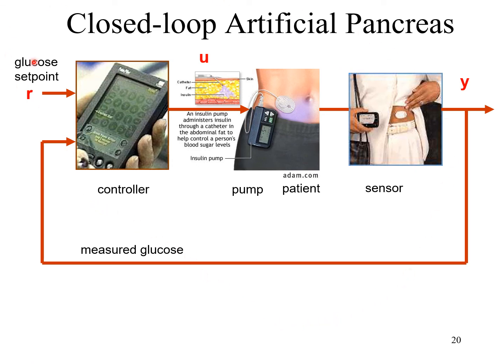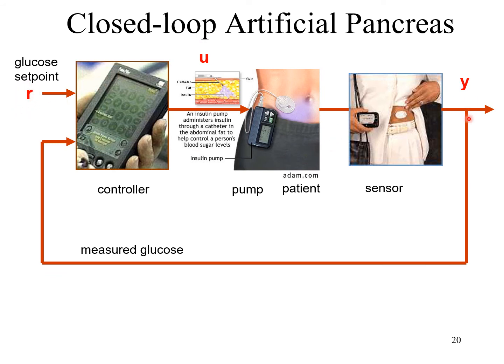We have a glucose set point, and this is our controller, and this is the pump, which we call the process, and we have a sensor. This one is the measurement, this is the process input U, and R represents the set point.